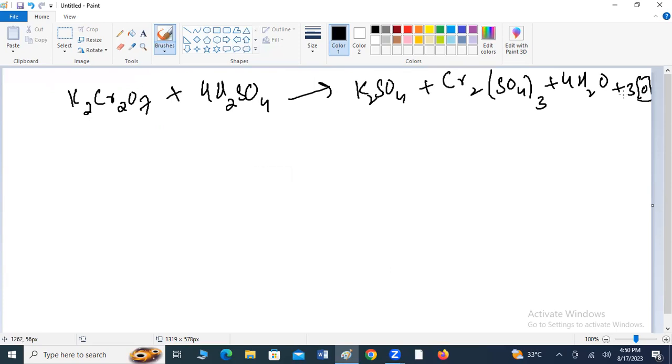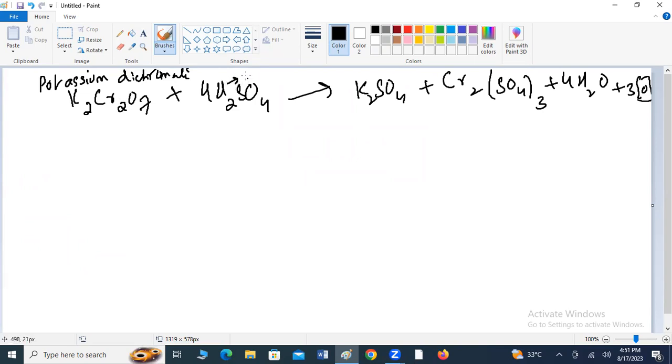In the question, he says 200 gram of potassium dichromate. The name is potassium dichromate. You can write it so that you should know the name as well. This is the name of K2Cr2O7, and you know the name of this one, right?